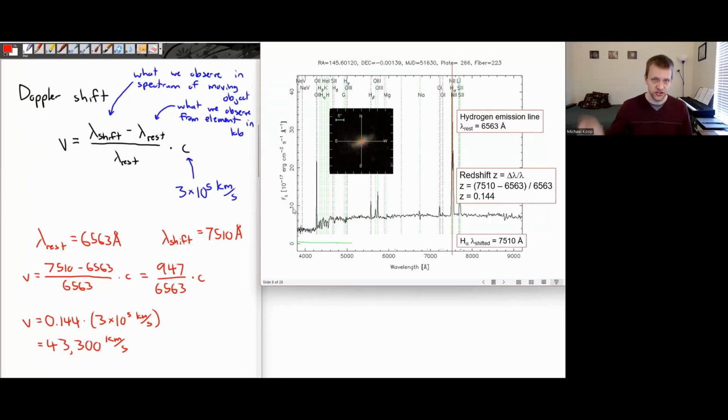And again, this is away from us, it's a redshift. I think I rounded slightly differently on mine, but close enough. We'll match those up.